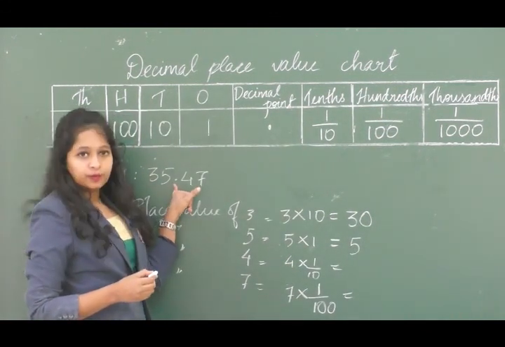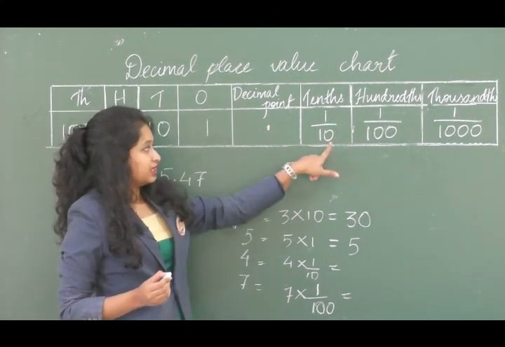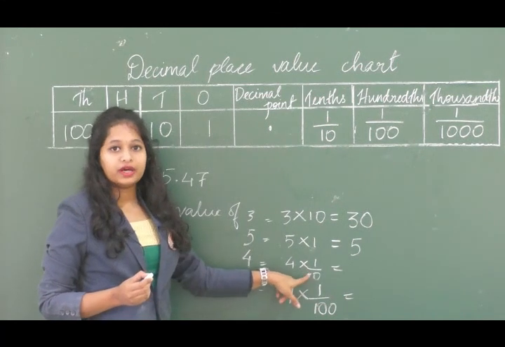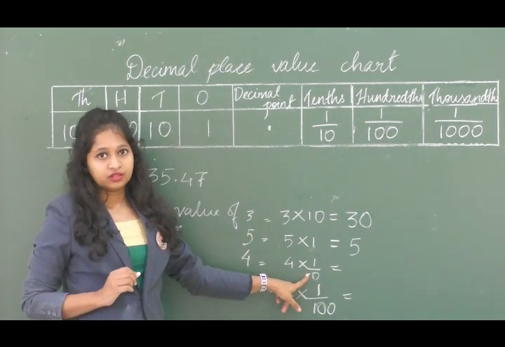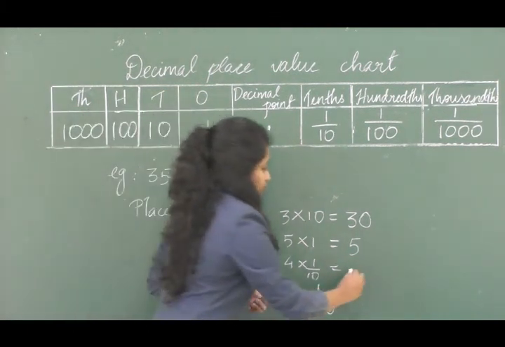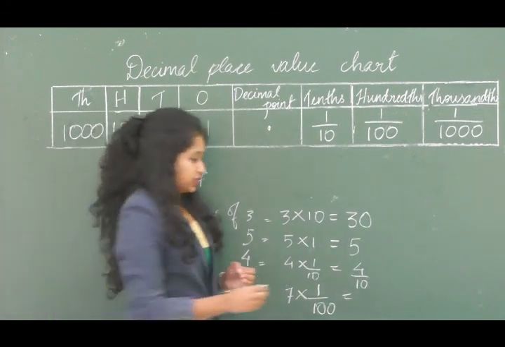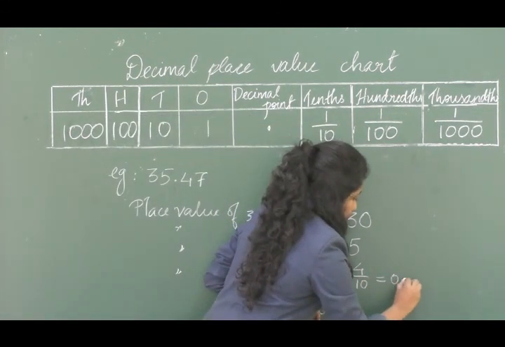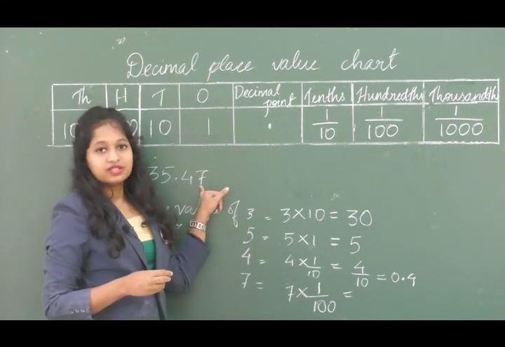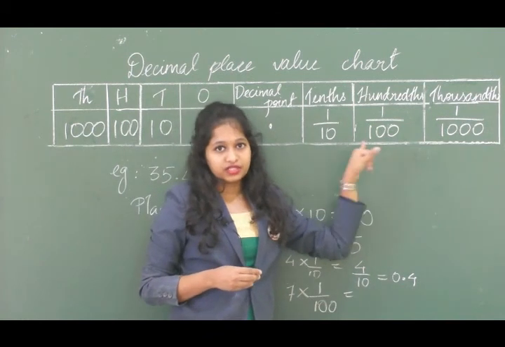And after point we have 4. 4 is in tenths place. So multiply 4 by 1 by 10. So we get 4 by 10. What is 4 by 10 equal to? 4 by 10 is 0.4. And next we have 7. 7 is in hundredths place.